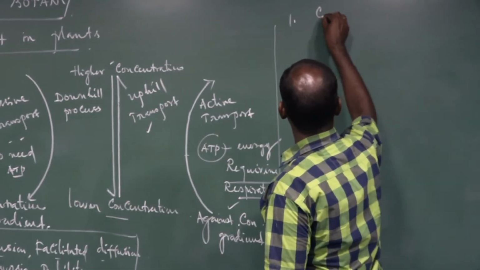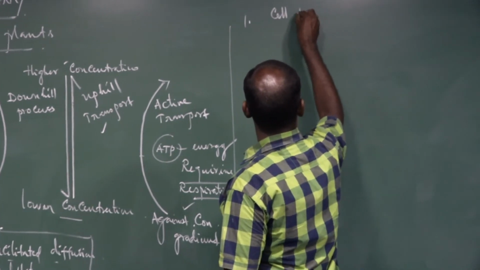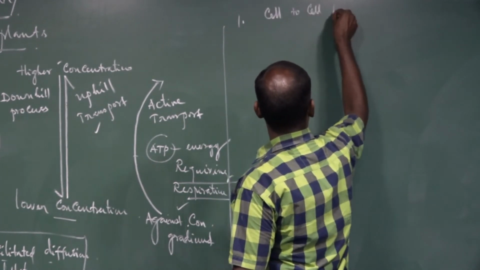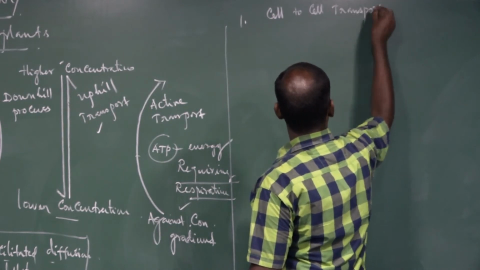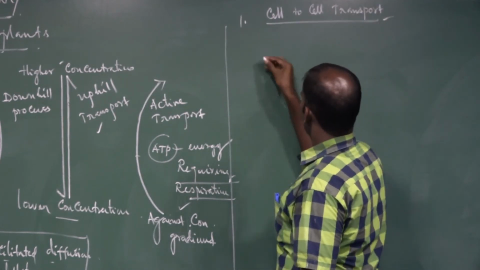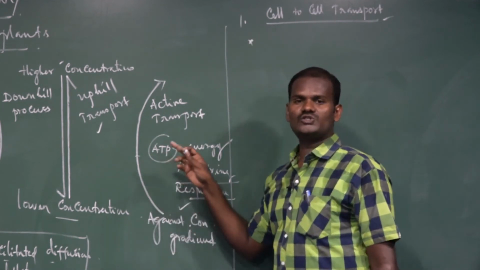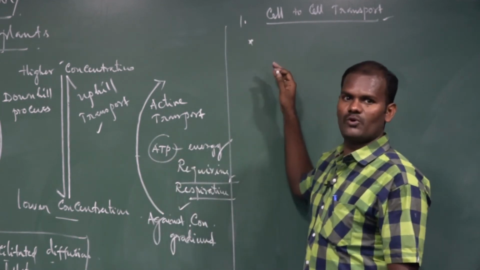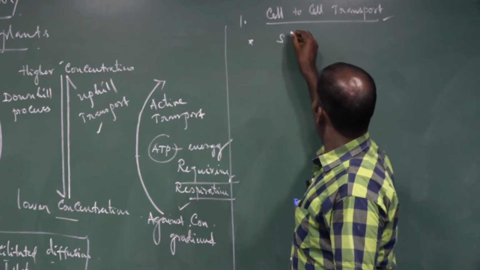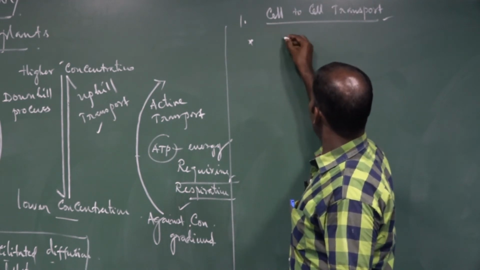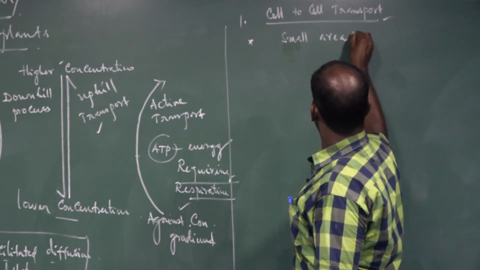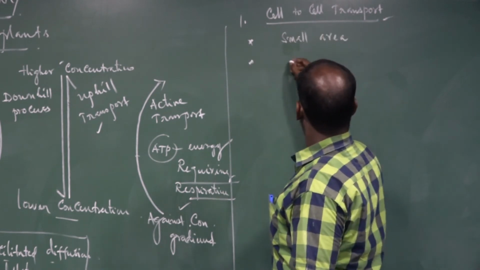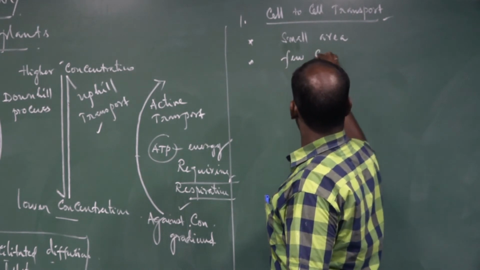First one is cell to cell transport. As already pointed out, cell to cell transport is slow, covers only a small area, and involves only a few cells.